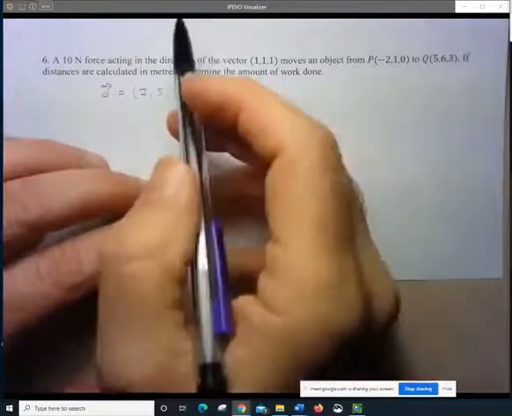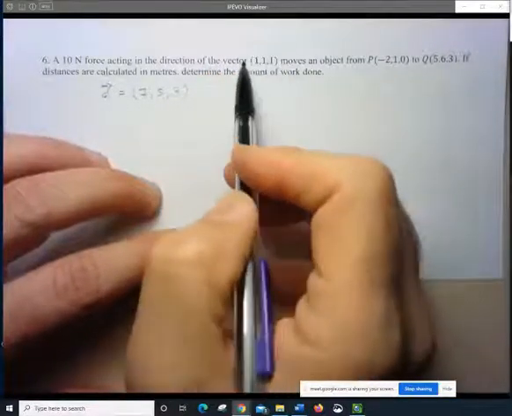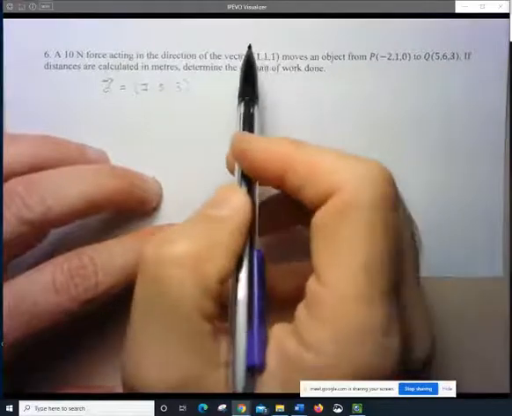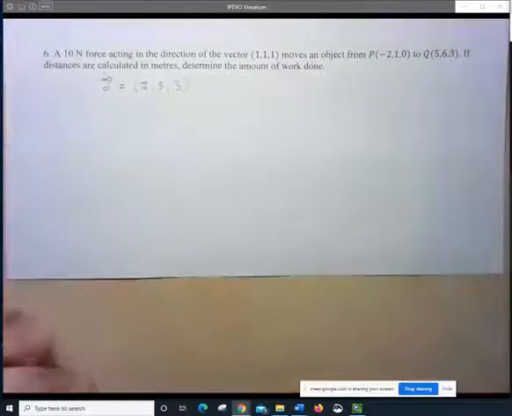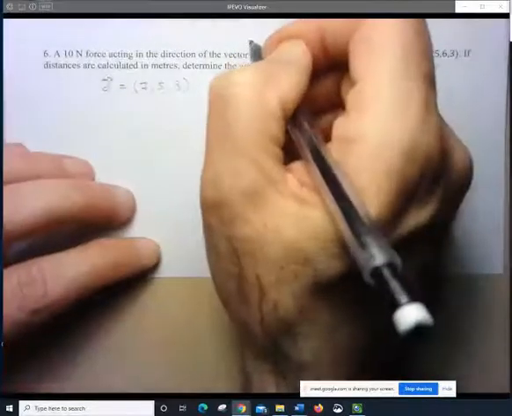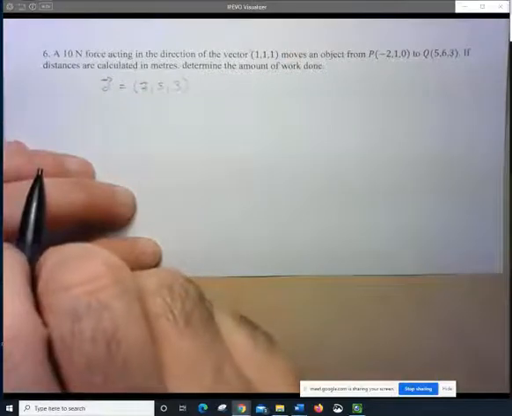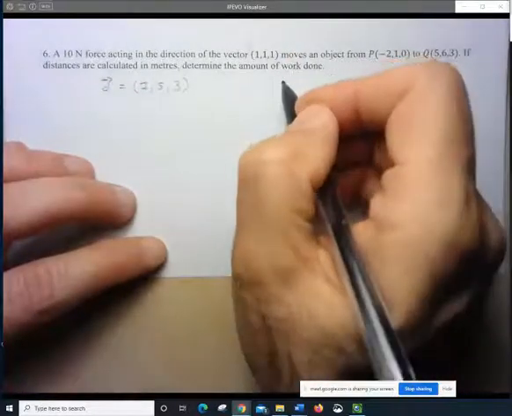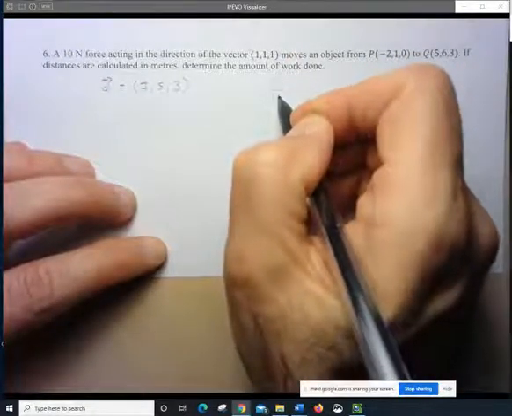What could I do with this vector 1, 1, 1, which is just representing the direction of the vector? Try to think, how can I create a vector that's not going to contribute to the magnitude? There you go, use the unit vector. If I call this vector u, I'm going to take vector u divided by its magnitude.